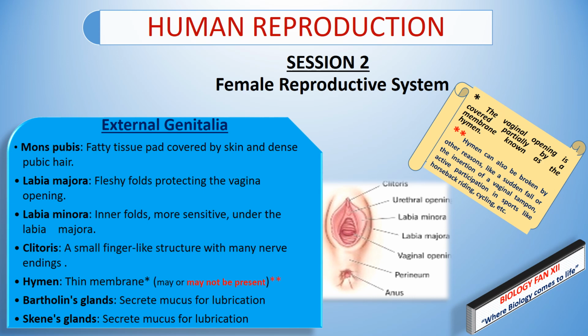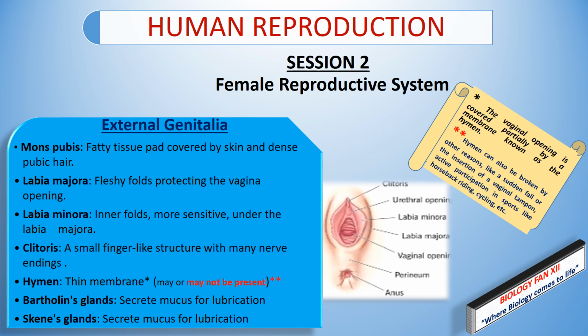The hymen membrane is often torn during the first intercourse. However, it can also be broken by other reasons like sudden falls, injuries, surgeries, excessive physical exertion, and some kinds of exercises like cycling, horseback riding, etc.